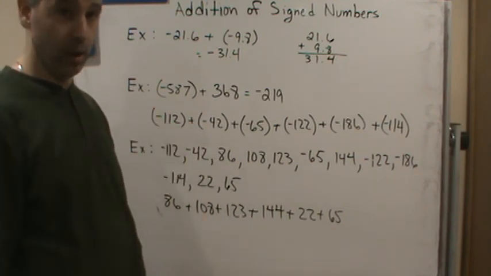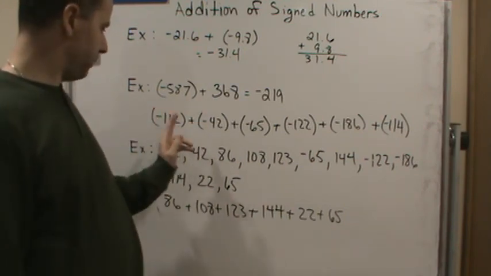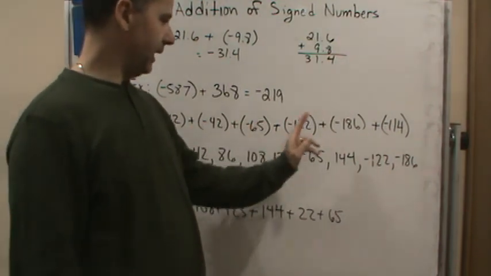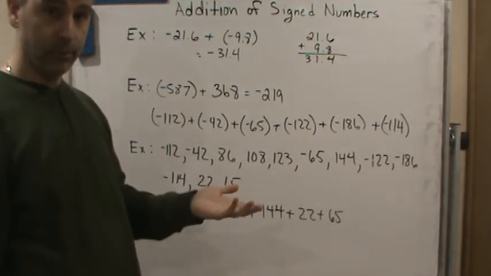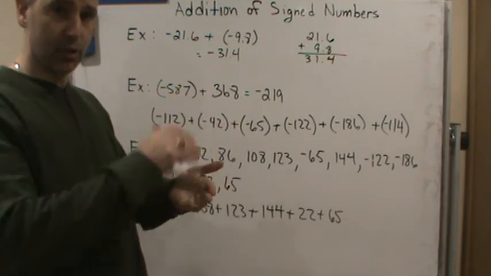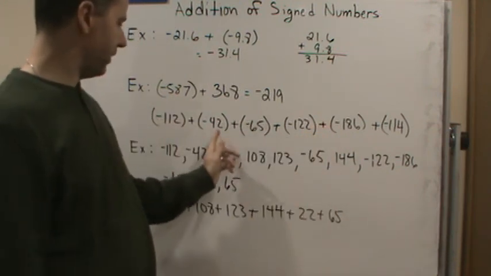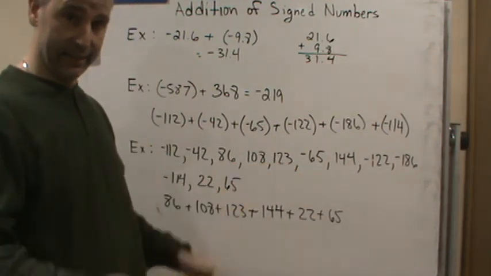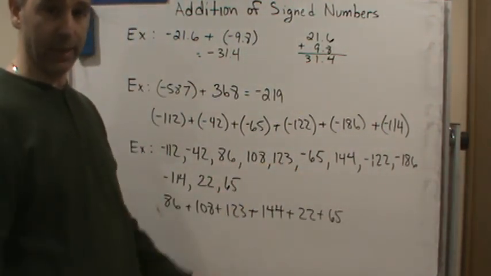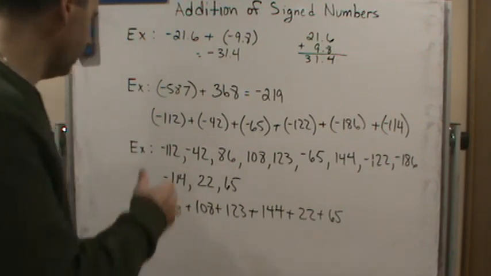That's what I do all the time. I don't bother putting negative numbers in if they're all negative, unless I've got a mixture and I'm just going down. But if I'm doing something like this, I'll just add the numbers and know the answer is going to be negative, or I just make it negative at the end, okay?